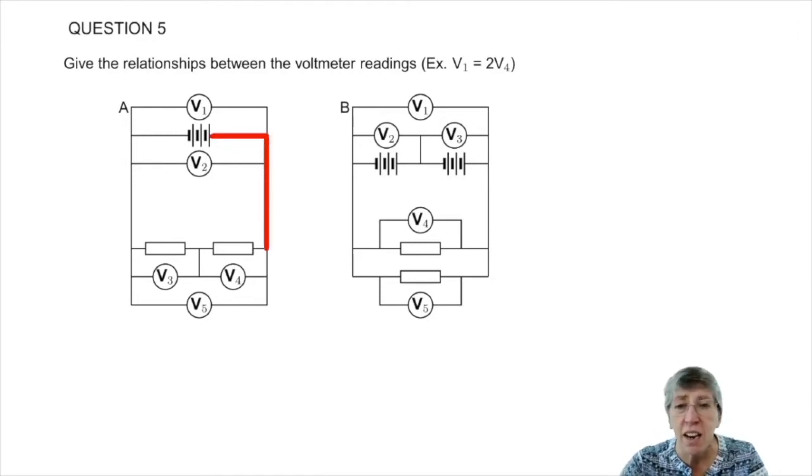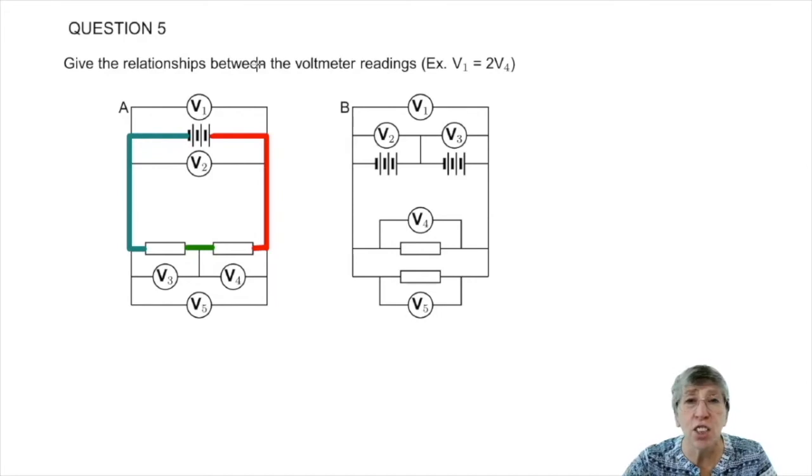Once again, nothing can pass through a voltmeter, so the voltmeter's over there, no current will be flowing there, everything is turning at that point. So there it's turning in, and all the charges are going through this first resistor. And the resistor resists movement, so it's taking some of that energy away. So when the charges arrive out of that resistor, they will have less energy. And when they go through the next one, they will have even less energy.